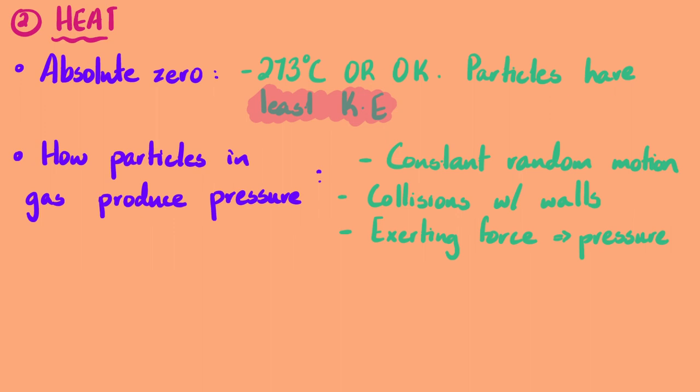So with this, you really need to talk about this in terms of these 3 points. The first one is that these particles are in constant random motion. So they're always moving. Because of that movement, they can collide with the walls. Now here, this is important to keep in mind that the collisions are with the walls and not among the particles themselves. And then as a result of those collisions, they exert a force leading to a pressure.